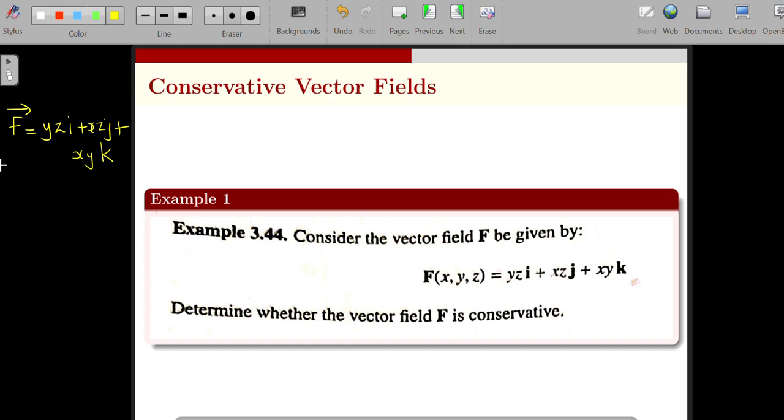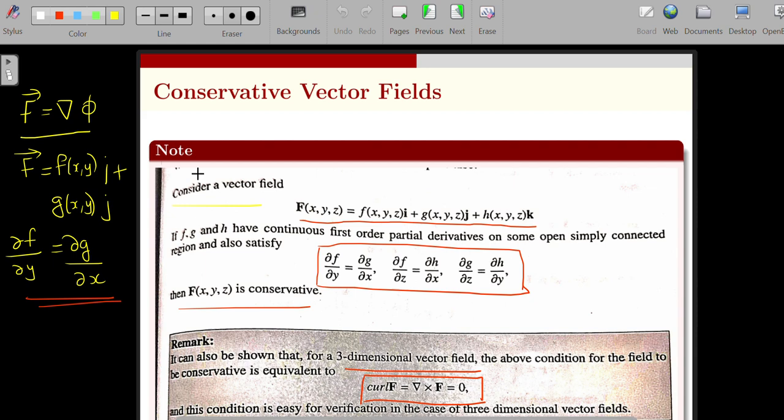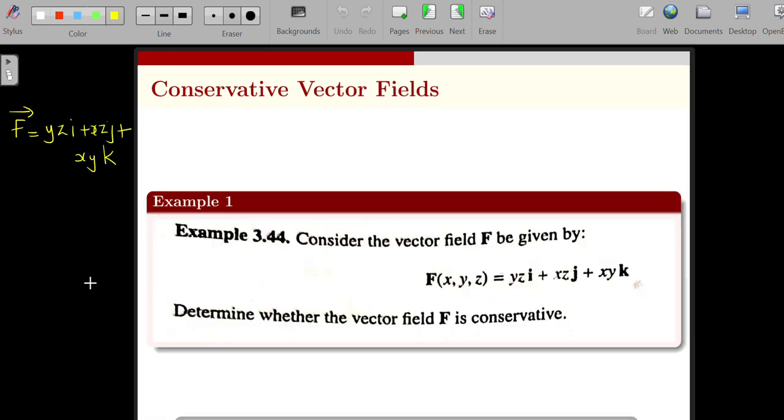Just by the result that we discussed now, if F is conservative, then curl F equal to 0, and conversely, if curl F equal to 0, then F will be conservative. So let us check whether curl F equal to 0 or not. What is actually curl F? Curl of a vector field is given by the cross product del cross F. How will we compute the curl of a vector field?